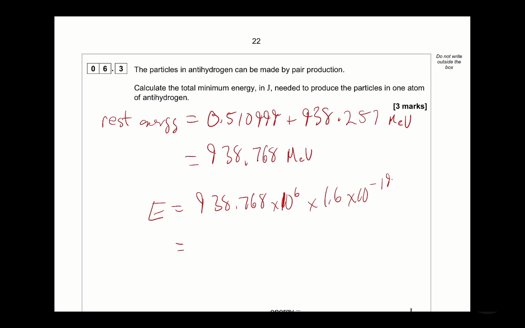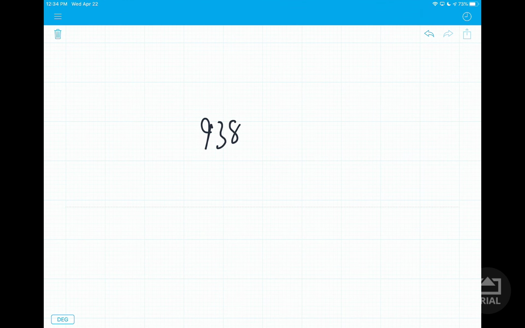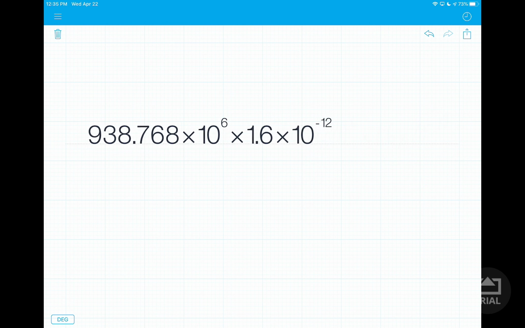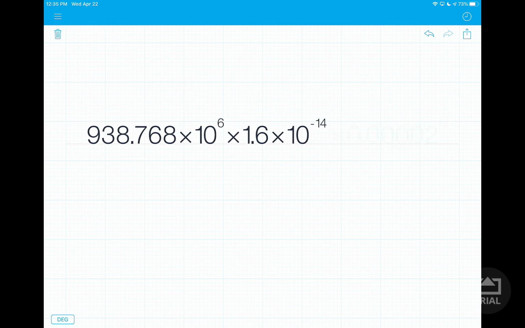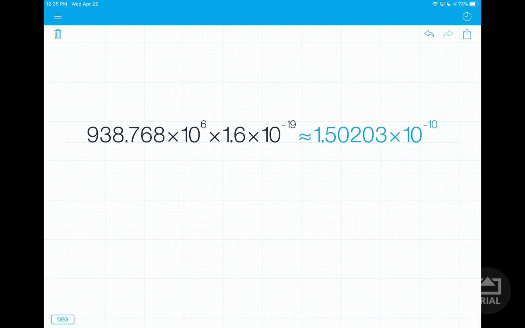Which, okay, math this out. All right, 1.5 times 10 to the minus 10.